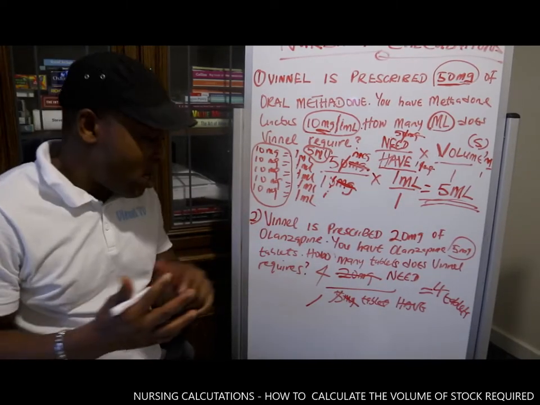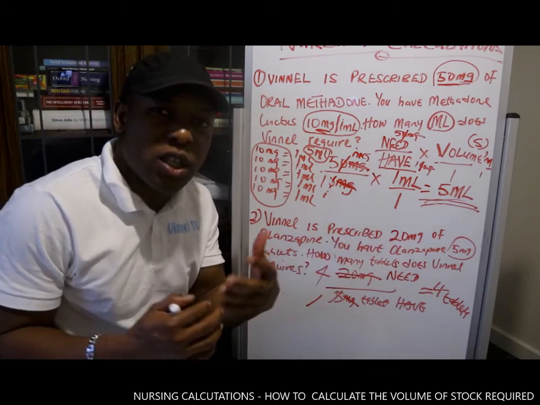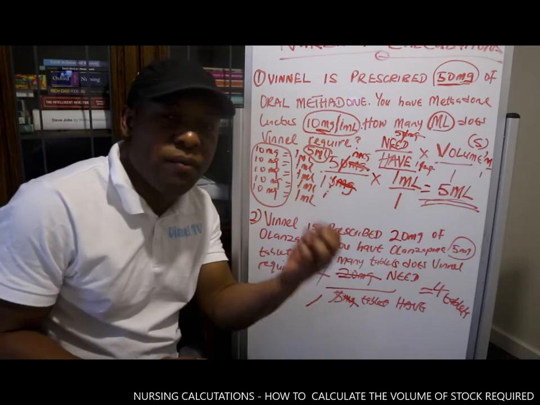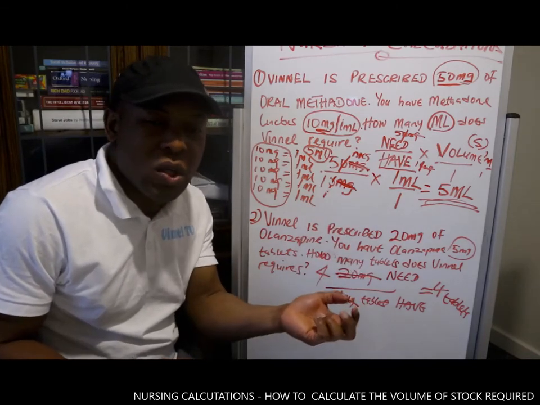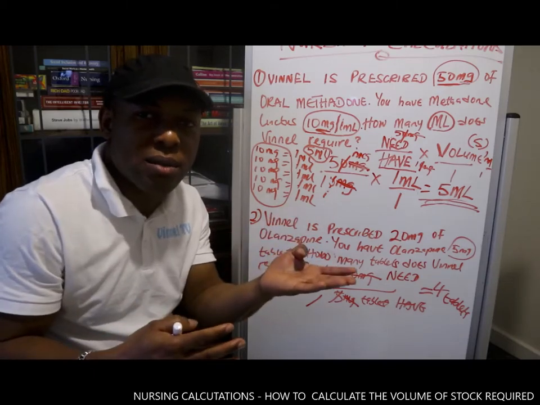So it's pretty much like Vener needs 20 milligram of olanzapine, and olanzapine comes with 5 milligram tablets. So you see, 5 times 4 is 20.